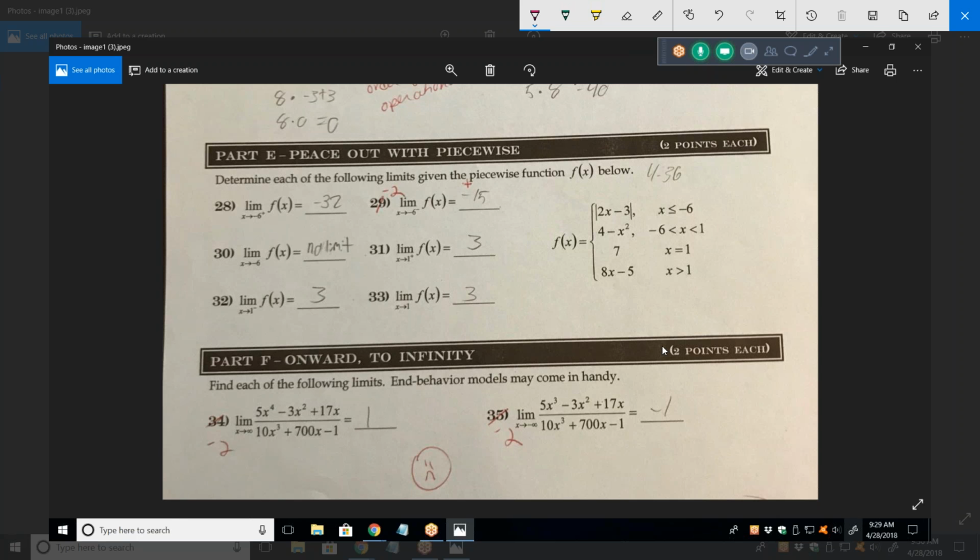Same principle. What that means is, where's the horizontal asymptote? Now, in this case, the top is larger than the bottom, which means that you have an oblique asymptote.